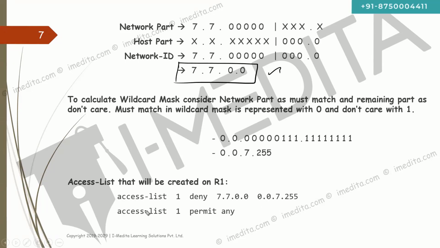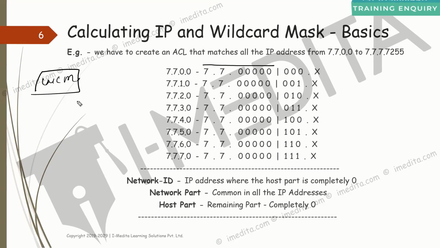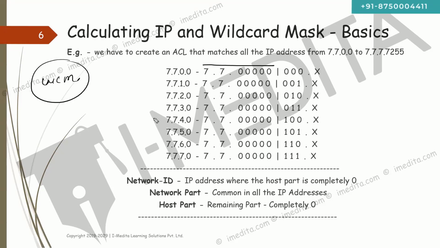And now we need to write down the wildcard mask as well. So how can we find out the wildcard mask? The part that is common. Wildcard mask basically is to tell the access control list what part of the IP should match, and what part of the IP you do not care.